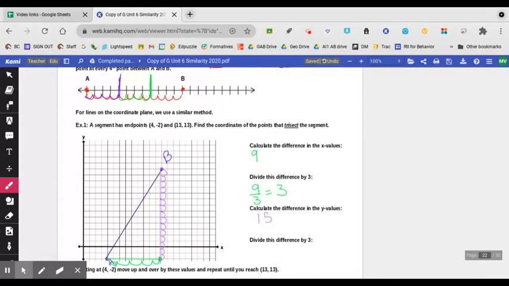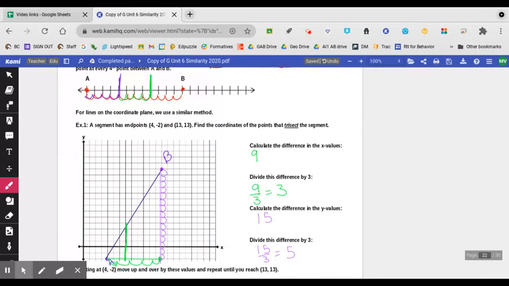And then I divide that by 3 because I'm trisecting, and that gives me 5. So what that means is horizontally, I want to go over every 3. So starting from A, I go over 3. 1, 2, 3. And I get this line.